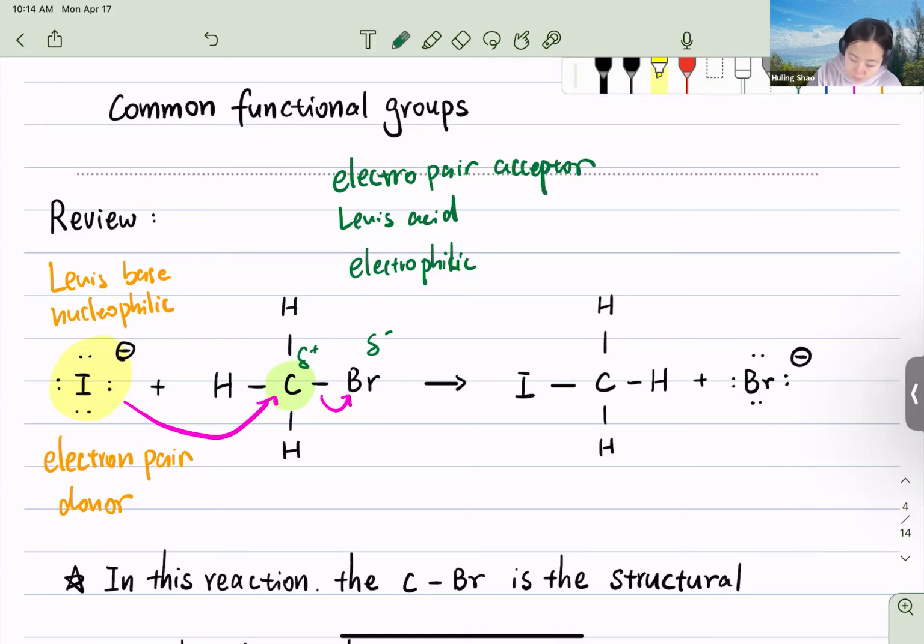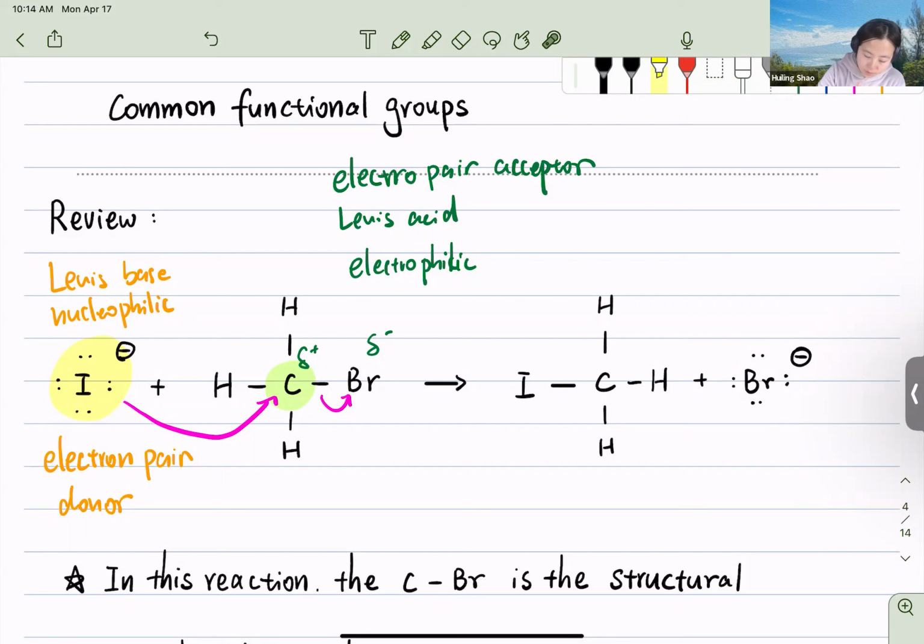So when we're doing the arrow pushing mechanism, when we're saying the lone pair is attacking the electrophilic carbon center, what you can imagine is this lone pair is transferred onto this carbon center because of the attraction between that negative charge and the partial positive charge. So the Lewis acid-base reaction is similar to Coulomb's interaction.